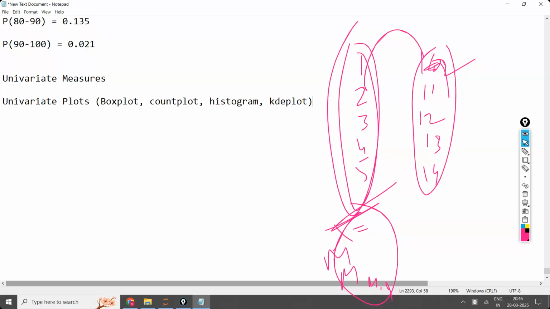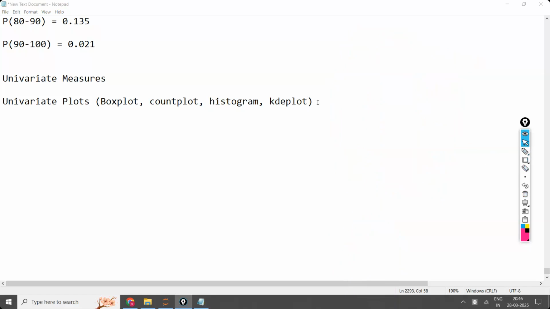Right? Now we are moving on to the next concept, called bivariate measures. Bivariate measures are calculated by considering two columns at a time. With a single column, we cannot calculate these measures. Those measures are called covariance and correlation.